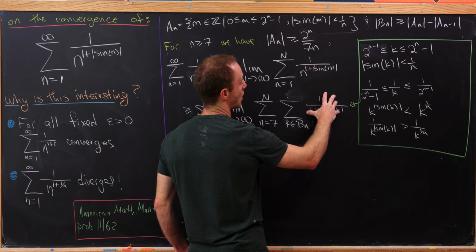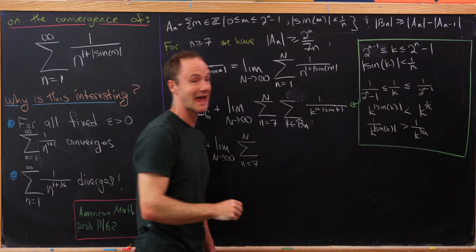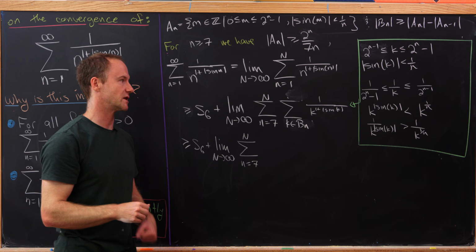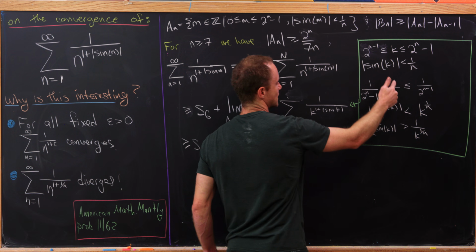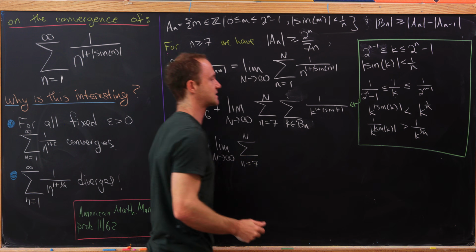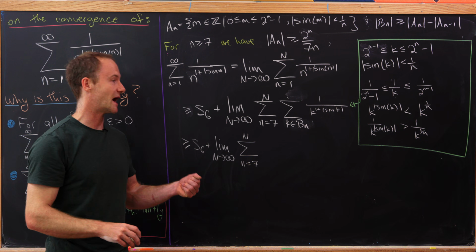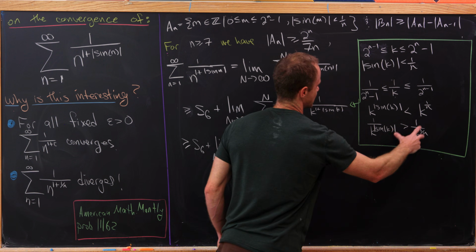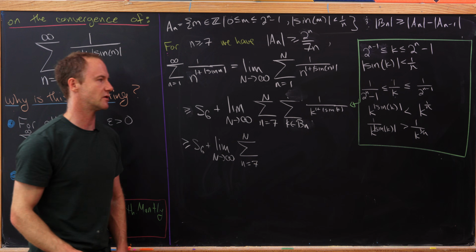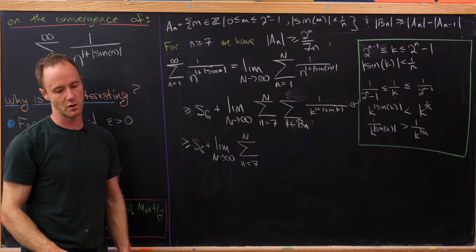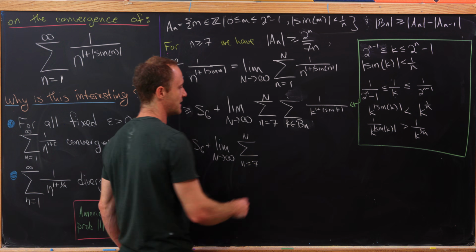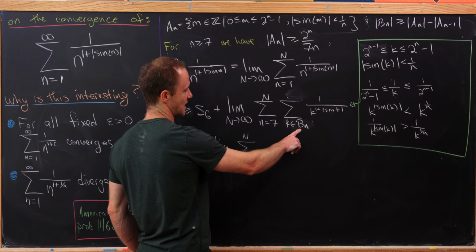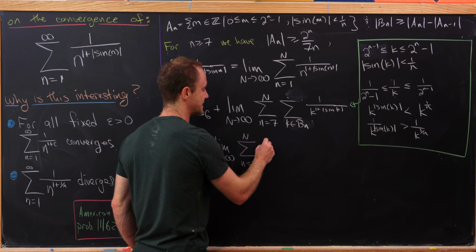And then we can replace all of these terms within the k sum with the smallest term. Notice the smallest 1 over k term is given by this 1 over 2 to the n minus 1. And then similarly, you can calculate with this the smallest 1 over k to the 1 over n term. But that means we're adding the smallest term up, the size of b sub n.